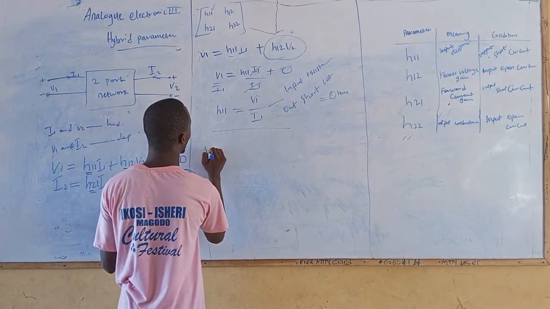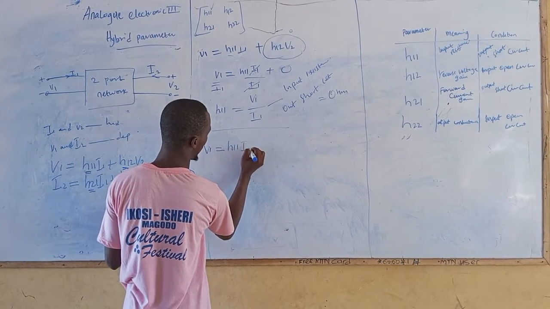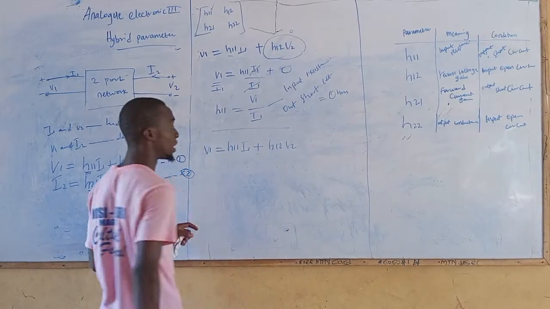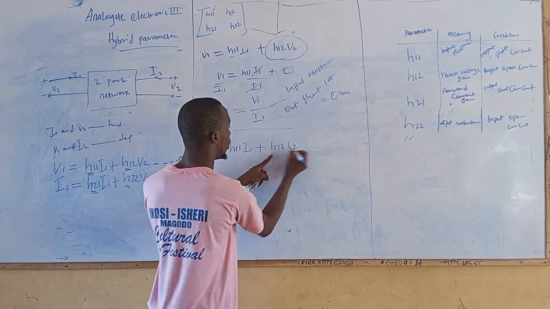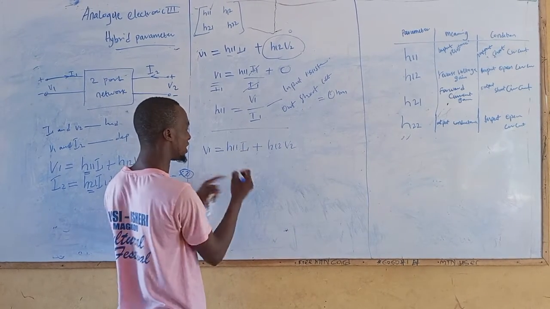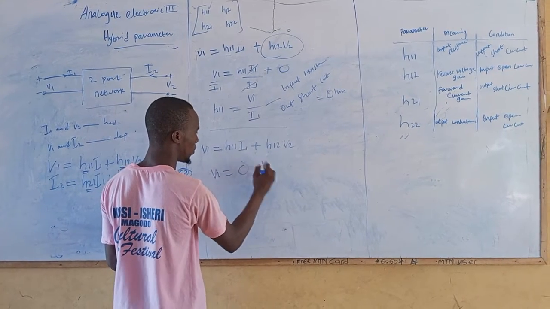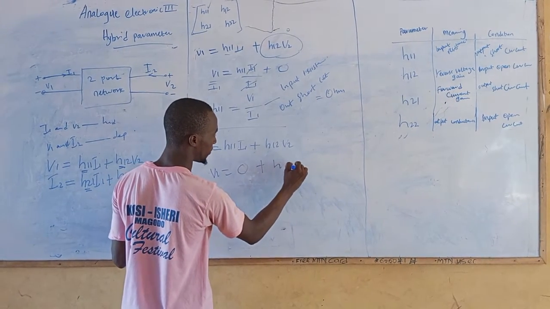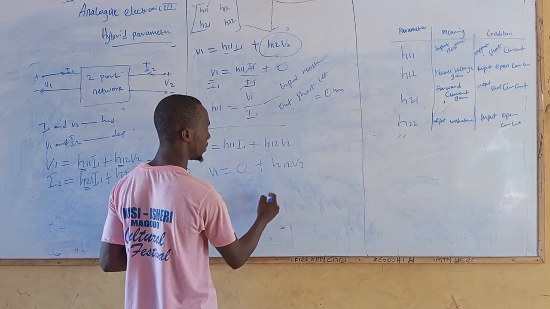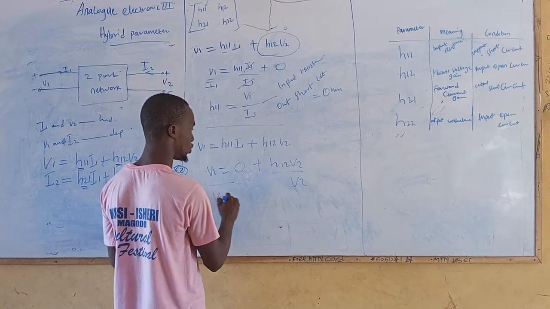In this second one, we want to look for our H12. That is V1 equal to H11 I1 plus H12 V2. We were told that when we want to find this one, our I1 will be 0, and 0 times H11 will be 0. So V1 equals 0 plus H12 V2. To make H12 the subject, we divide by V2.